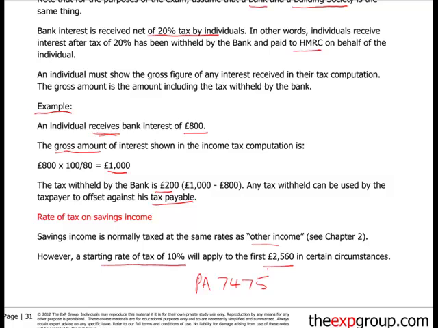So if that was your salary, to which you then had 2,560 of savings, that wouldn't be taxed at 20%, it would be taxed at 10%. Okay. Once you get above that, say your total taxable income is 20,000, and then you had savings above that, then it would be taxed at 20%. Okay.